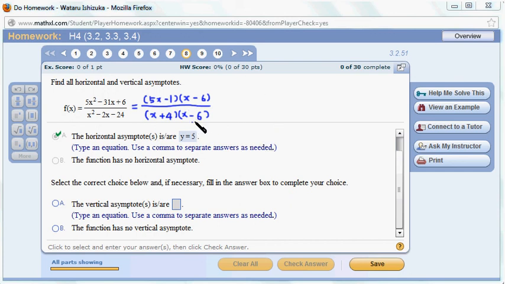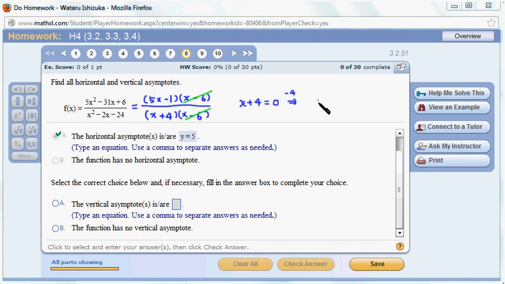First thing we do is cancel out the common factor, so I'm going to cancel x minus 6 here and x minus 6 there. Then we can set the denominator equal to 0: x plus 4 equals 0.